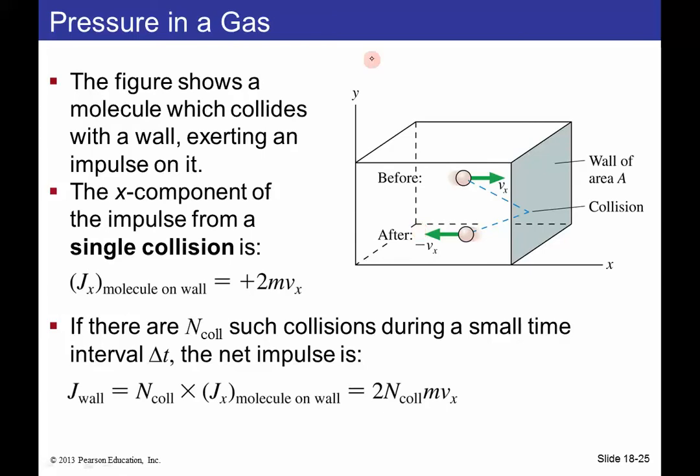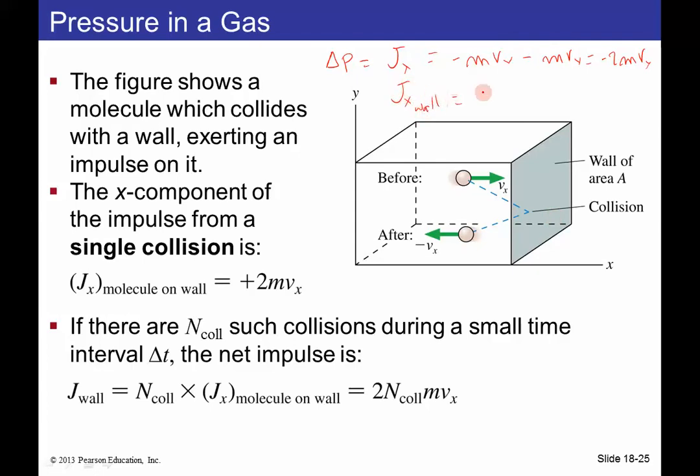The change in momentum, delta P, or the impulse, delta P, is equal to the final momentum minus the initial momentum, and that is equal to minus mVx minus mVx, and that is equal to minus 2mVx.